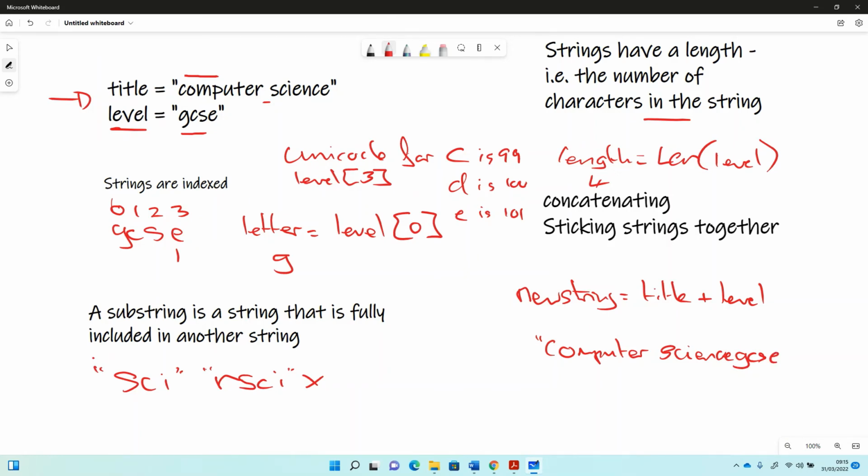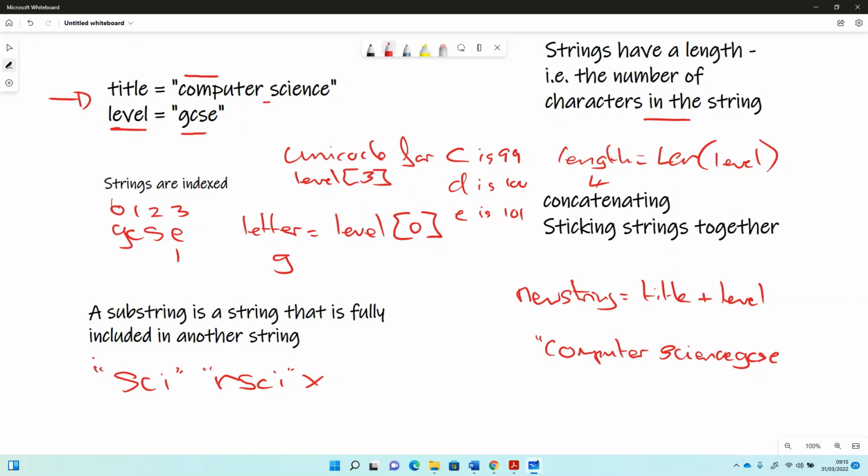So it just stuck it together like that. You can stick strings together by using the plus in Python for concatenating, and that will stick them together with no spaces. If you wanted to add a space, you could add a space at the beginning of a string, or you could add a space with a plus. So you could say title plus empty space plus level, and that will put a space in.